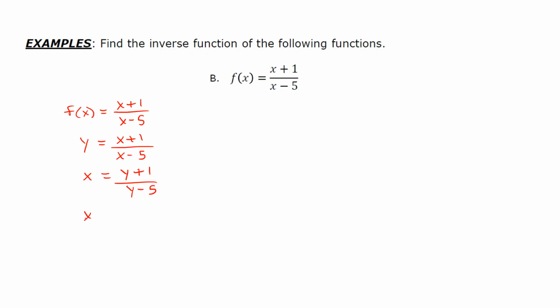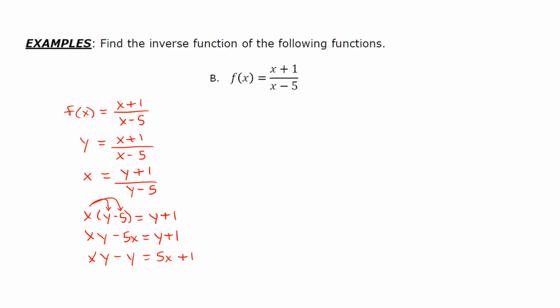So we'll multiply both sides by y minus 5. And then we will distribute the x to each term. Then we'll get the terms that contain y on one side and everything else on the other. So that'll be xy minus y equals 5x plus 1.